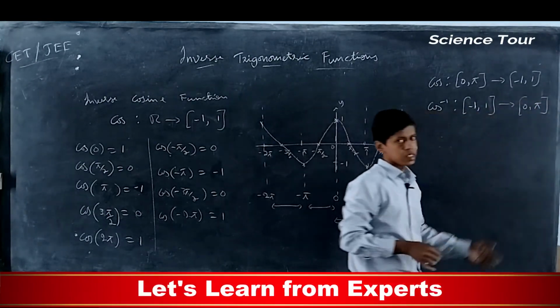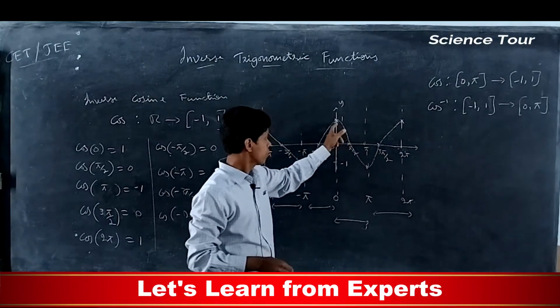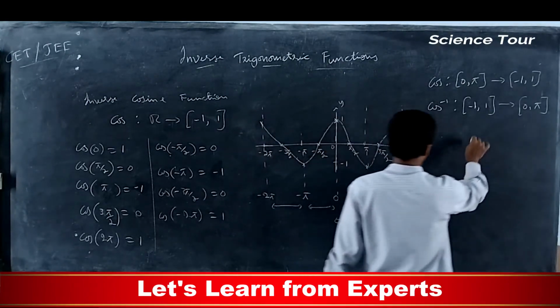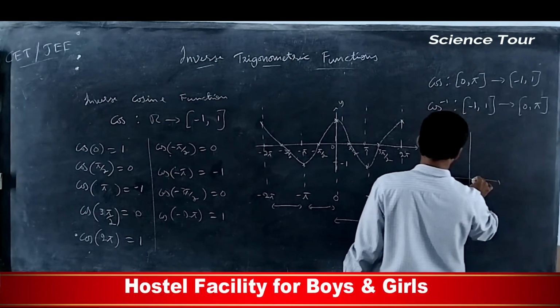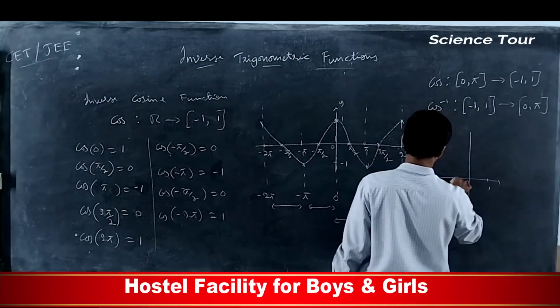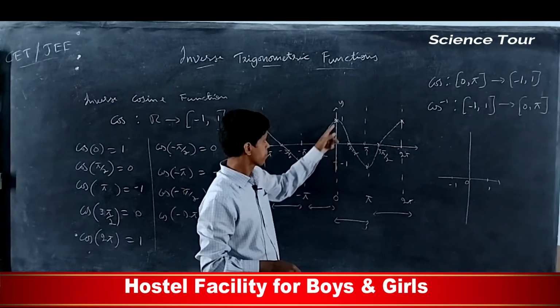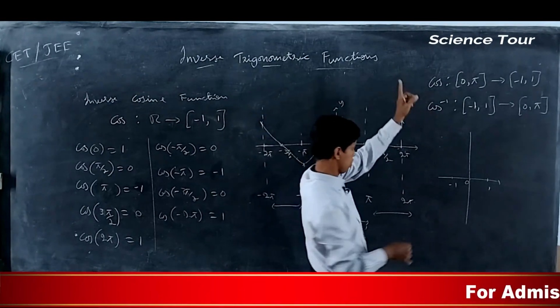Okay, so that's how the graph will be now, only on the positive side. So you will not have these values, so only positive.